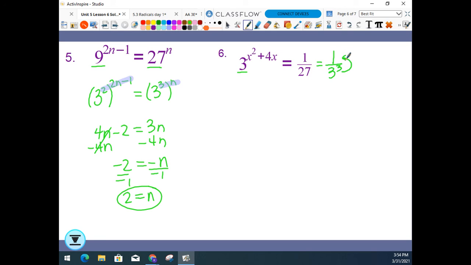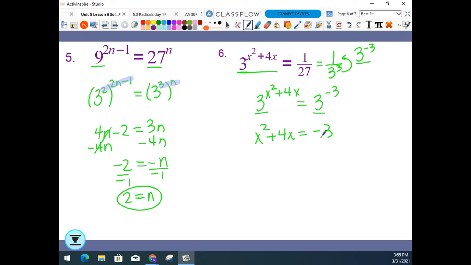Then I need to move the 3 to the third to the top, which means the exponent becomes negative when I move it. So I'm just going to bring this down, bring this side down, equals, bring this side down, because now I notice my bases are the same, so I can set my exponents equal to each other.